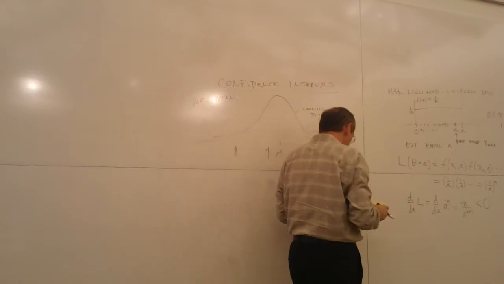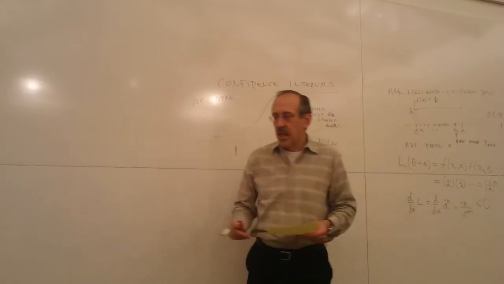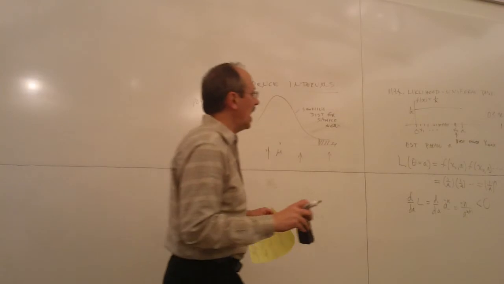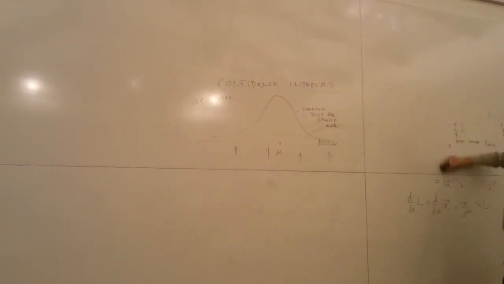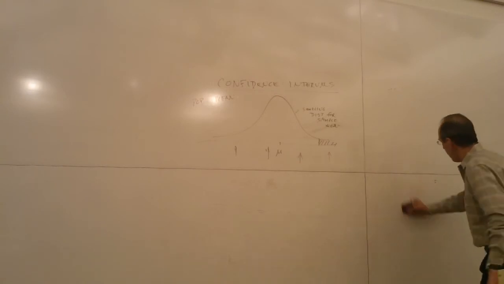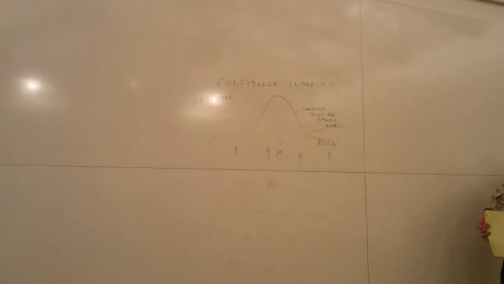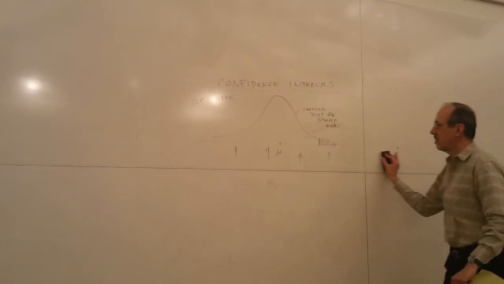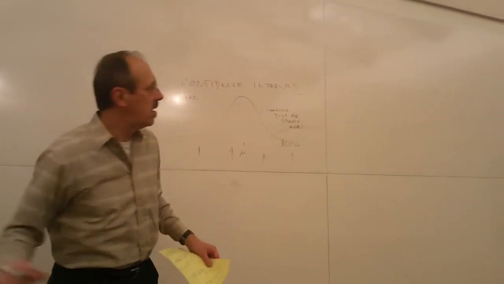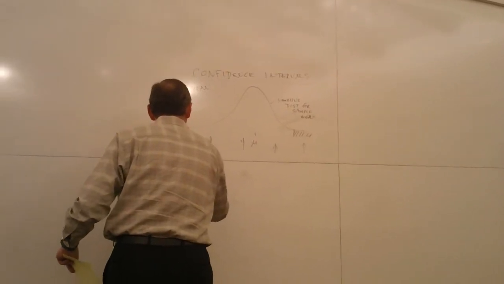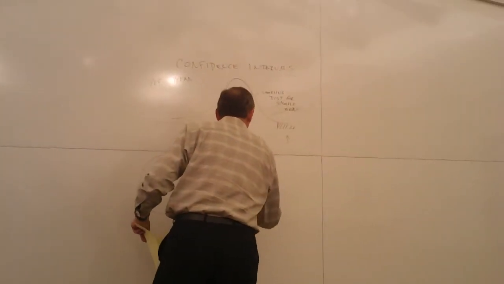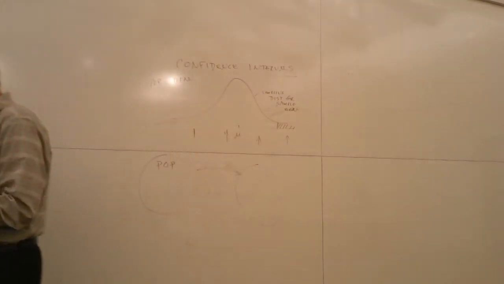Okay. So let's do the following exercise. I've got a population. This thing's failing. Let me see if I can get a better one.